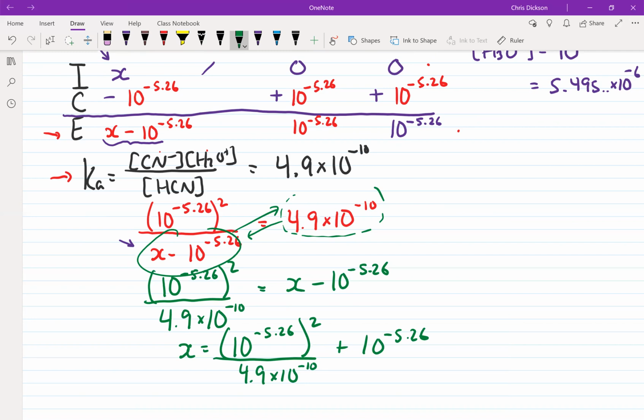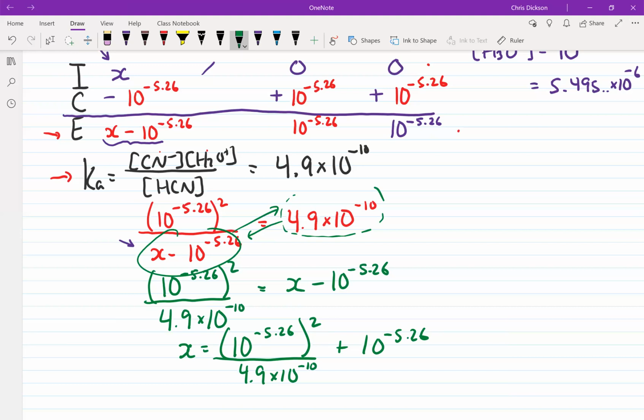So let's work that out. Hopefully I'm going to get this right. So 10 raised to the negative 5.26, and then I need to square that number, and then divide it by the Ka of 4.9 times 10 to the negative 10. And that's pretty small, but not as small as adding this number.